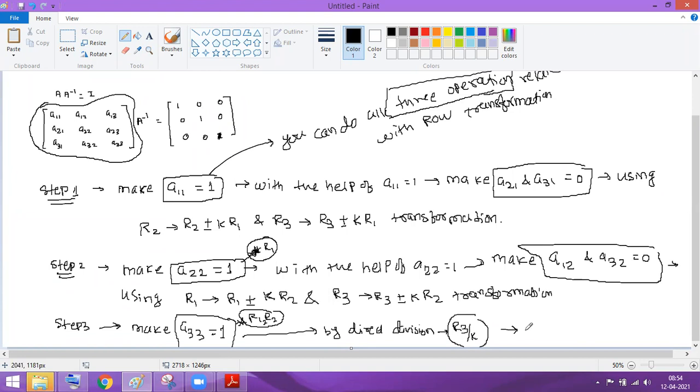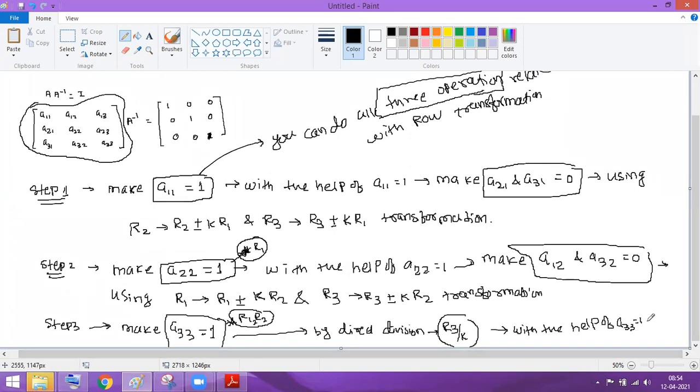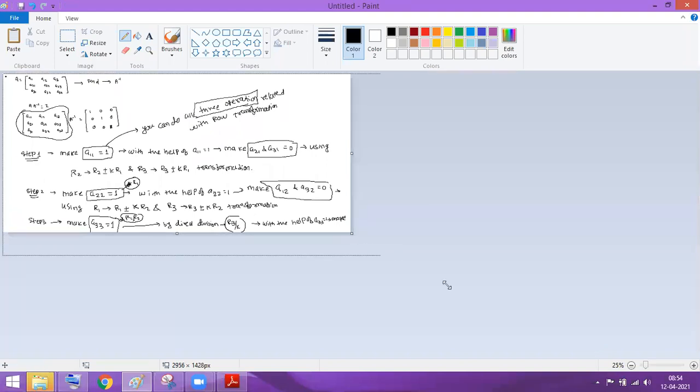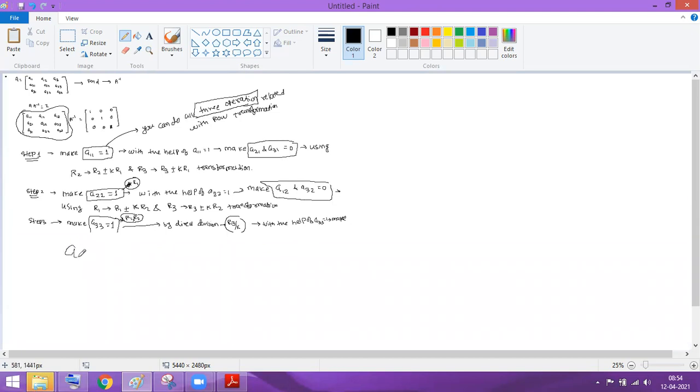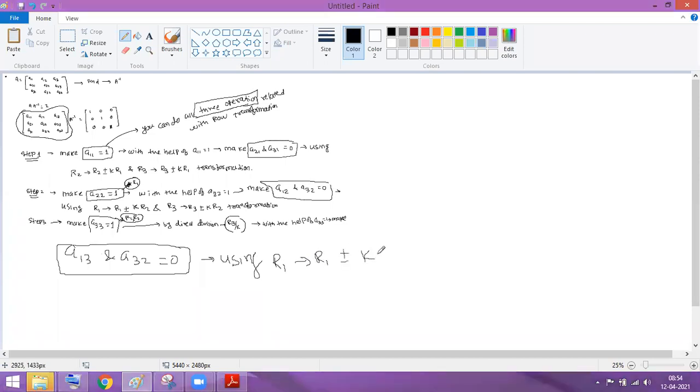After this, make A13 and A23 equal to 0 using R1 tends to R1 plus minus k times of R3, and R2 tends to R2 plus minus k times of R3.